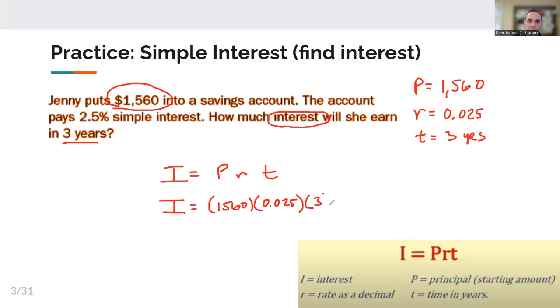And our time is 3 years. So let's multiply those. Even though I'm doing this video, I have not done these in advance, so I am calculating it along with you. And I get $117. That sounds like a reasonable number. And because we're only interested in the interest, not the balance, we can leave it at that, and that should be our answer.